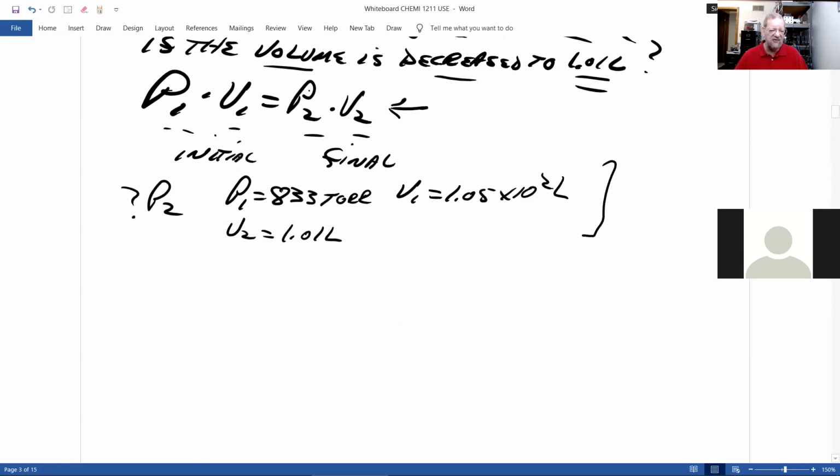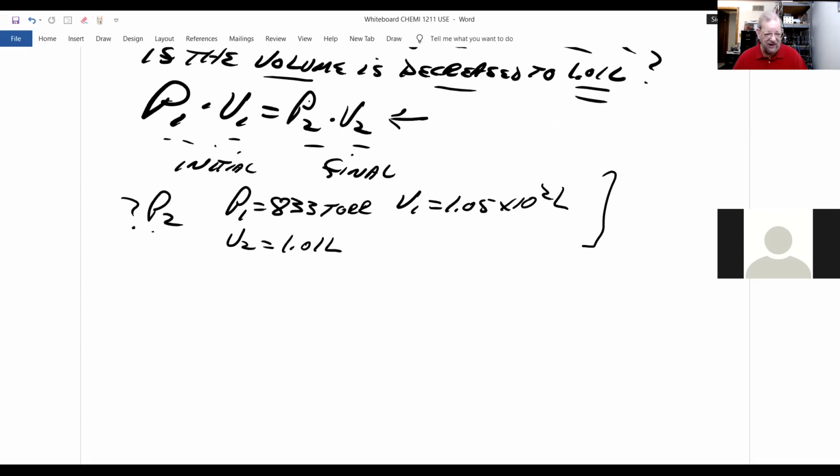And what are we being asked to solve for? P2. So we have P1 times V1 equals P2 times V2. We want to get P2 alone. Oh no, there's V2. How do we get rid of it? Anything divided by itself equals the number 1, meaning it's canceled out.